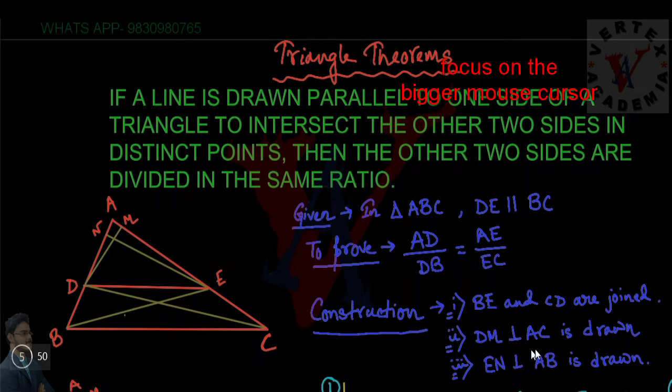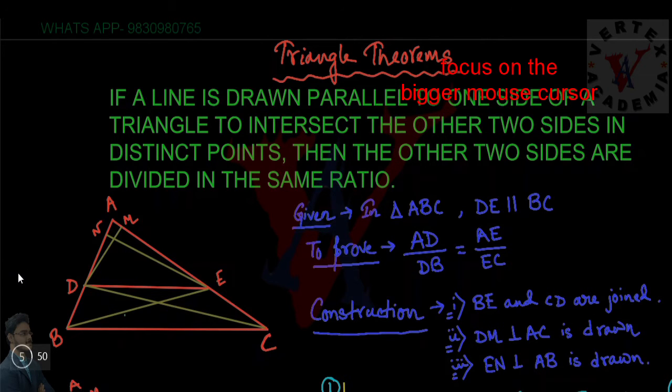The next two constructions are that DM is perpendicular to AC is drawn, so DM is a line which is perpendicular to AC, and again EN is another line which is perpendicular to AB. Basically, whatever I have drawn here in the yellowish lines are my constructions, and the red lines are my actual figure.